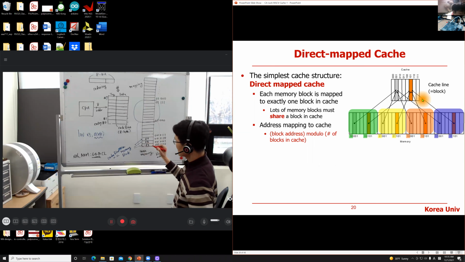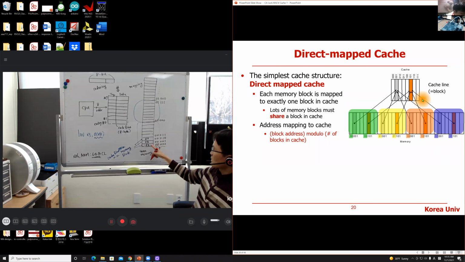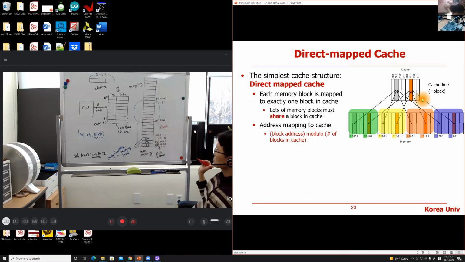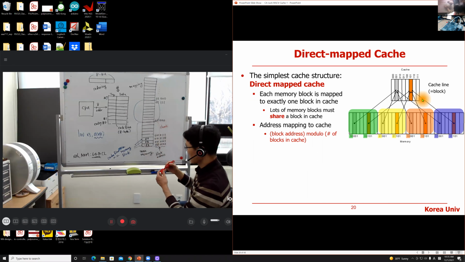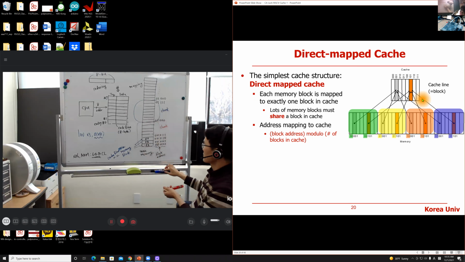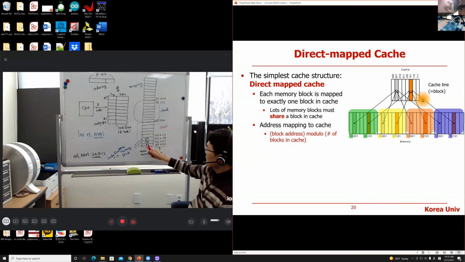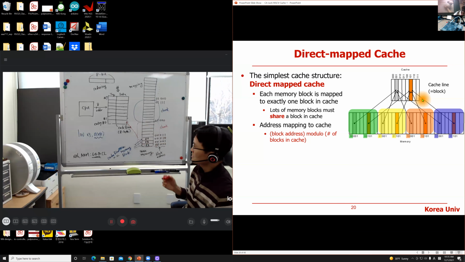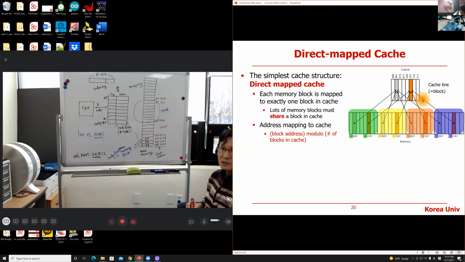So the first memory block in this red chunk, let's call it a chunk. It is not an official name, but it's better to use chunk, blue chunk, for explanation purposes. The first memory block in this red chunk always goes to the first cache entry, cache entry number 0.